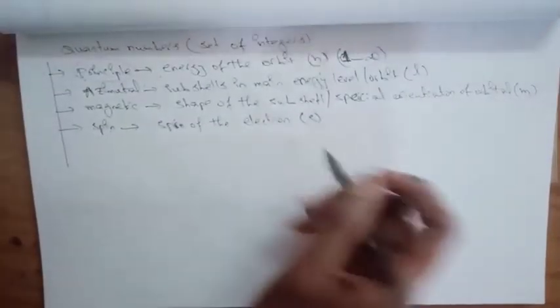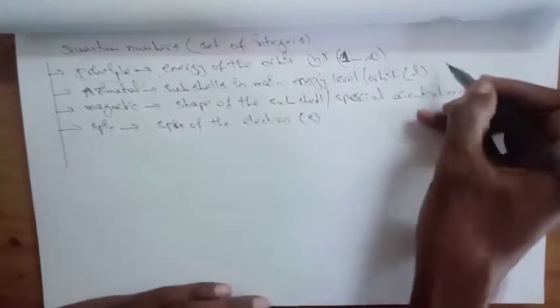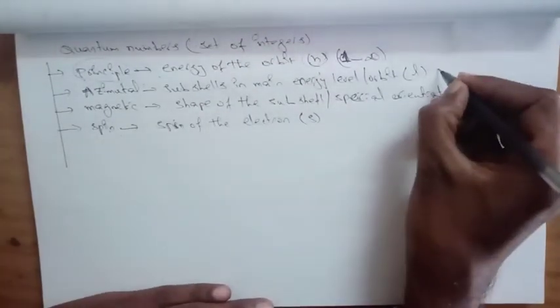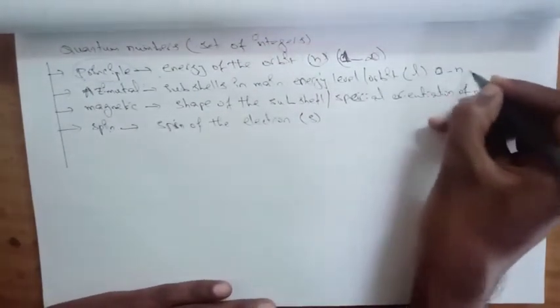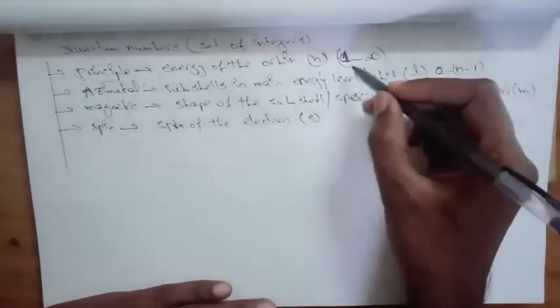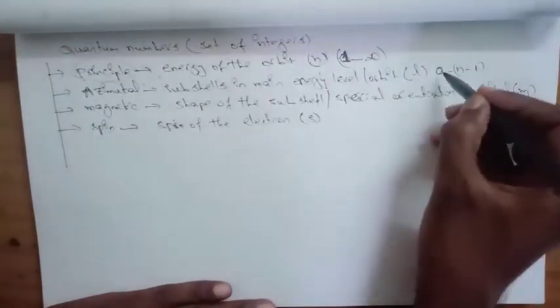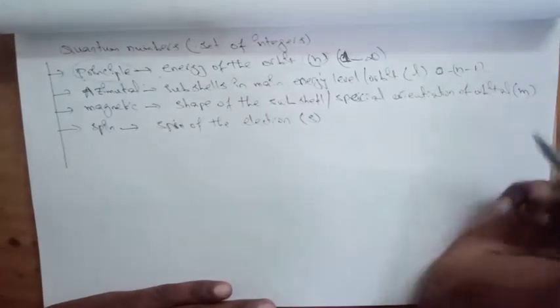The azimuthal quantum number depends upon the principal quantum number, and its value ranges from 0 to n minus 1.